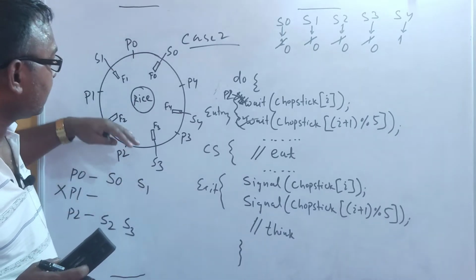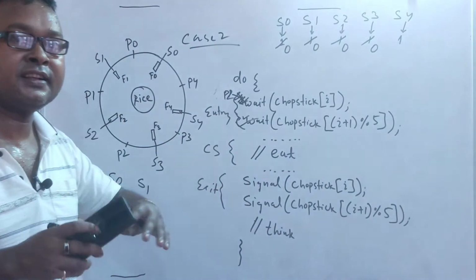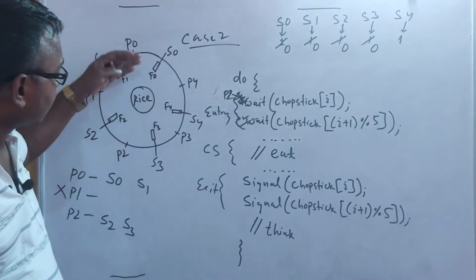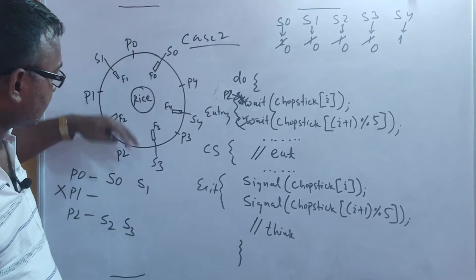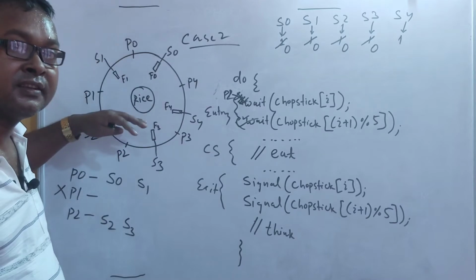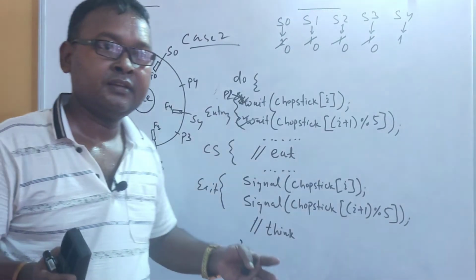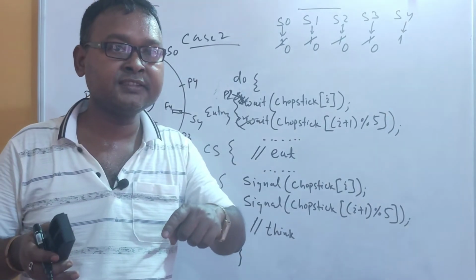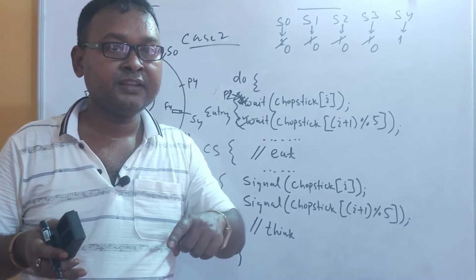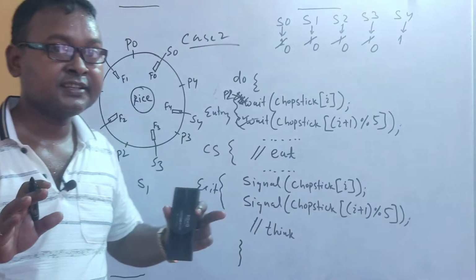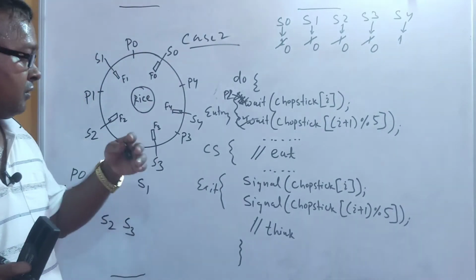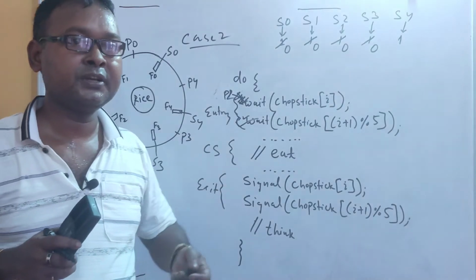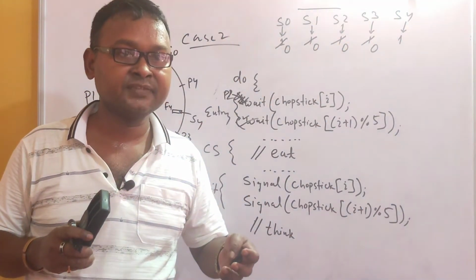Because there are a lot of independent instances, in a critical section two processes or two philosophers can execute simultaneously. Here the mutual exclusion is not satisfied. Usually, for process synchronization mutual exclusion has to be satisfied.